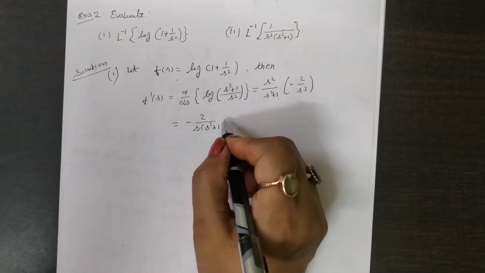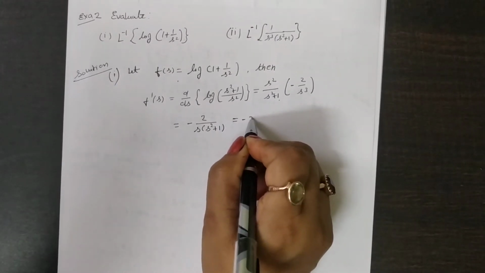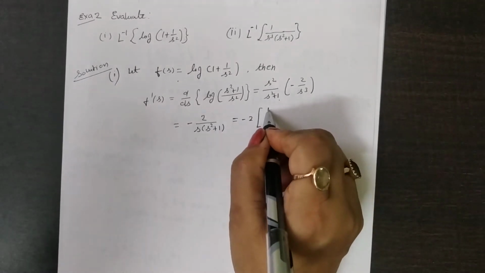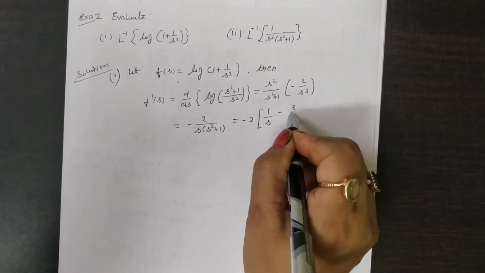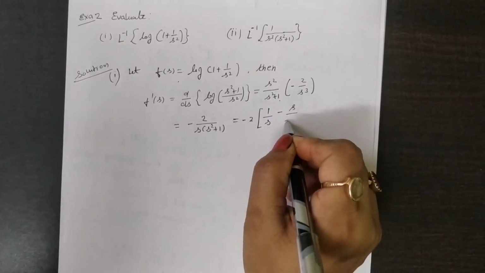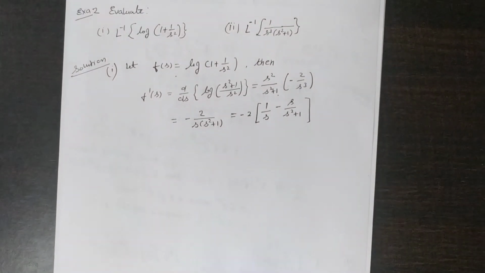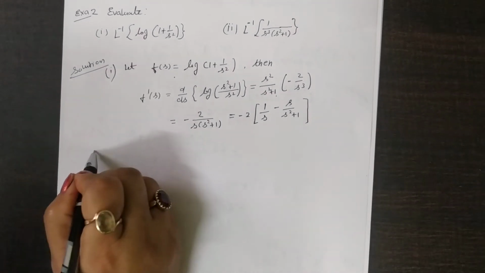Now if you factorize this by partial fractions, this is equal to minus 2 times (1/s minus s/(s² + 1)). Yes, clear it?